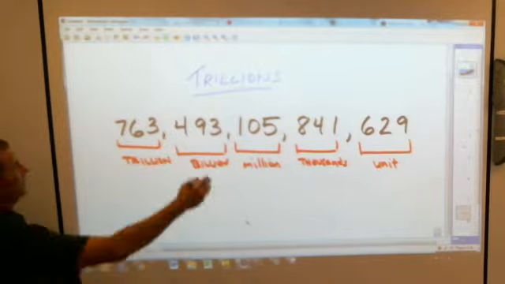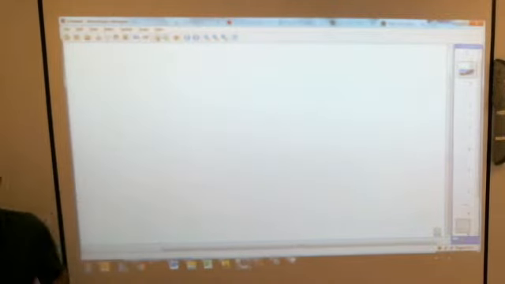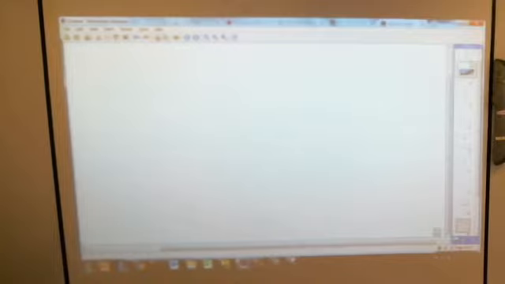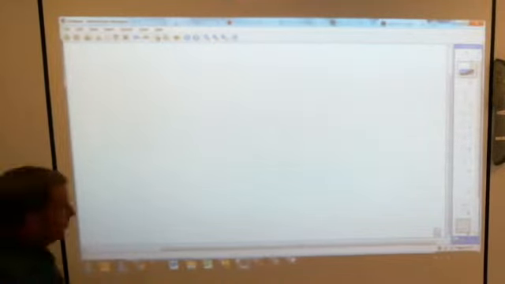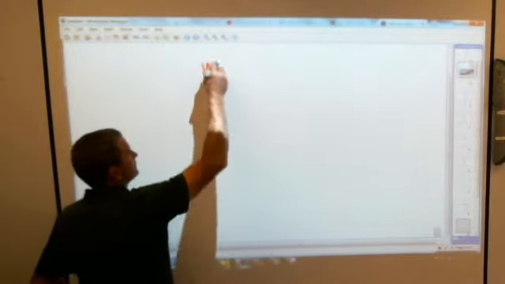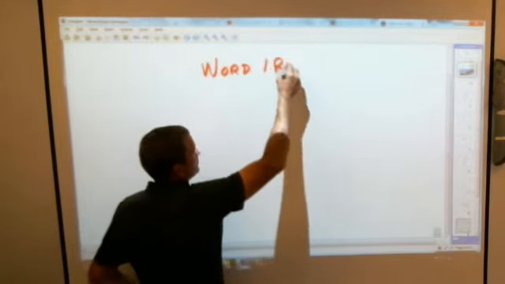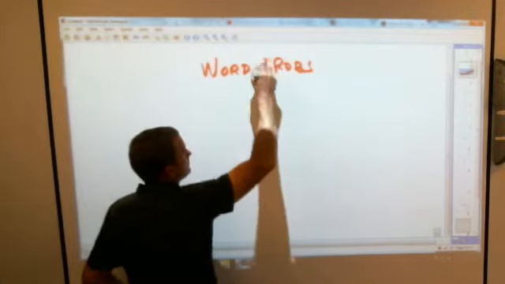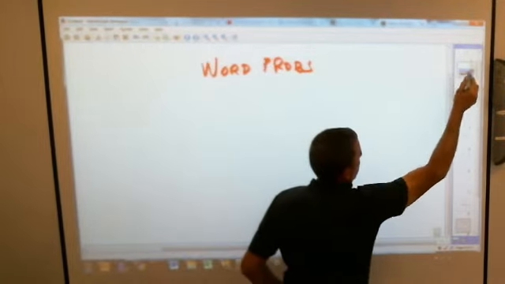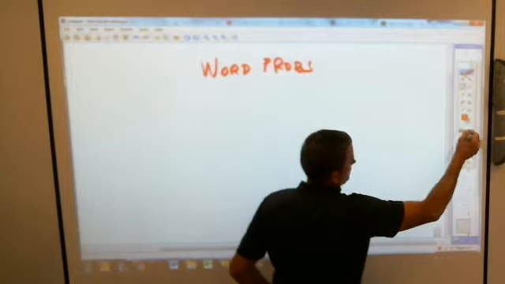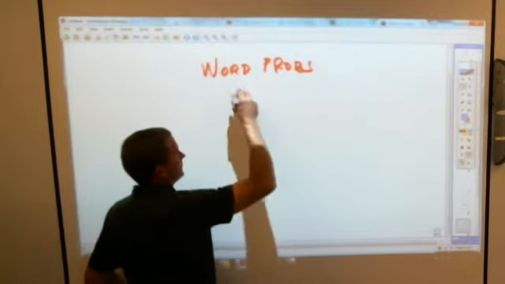Now take out a blank piece of paper because we have a little bit more. And this one is under word problems, and a little subheading here is multi-step.